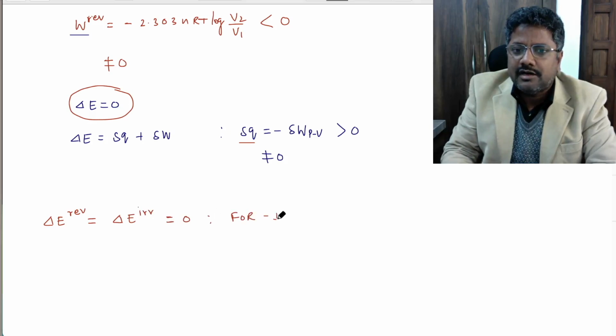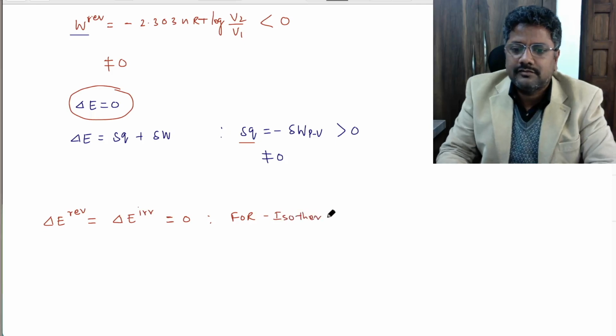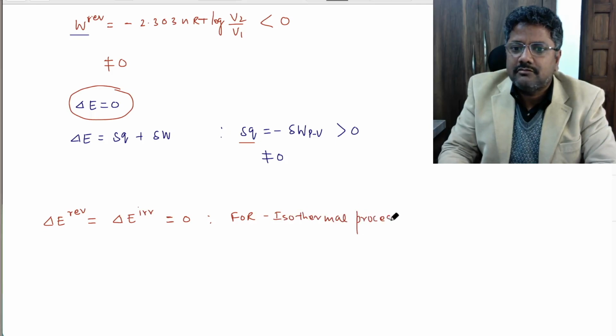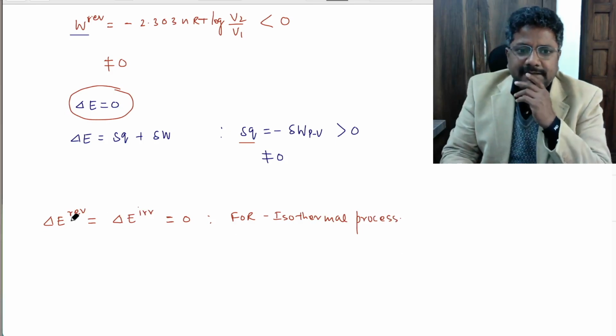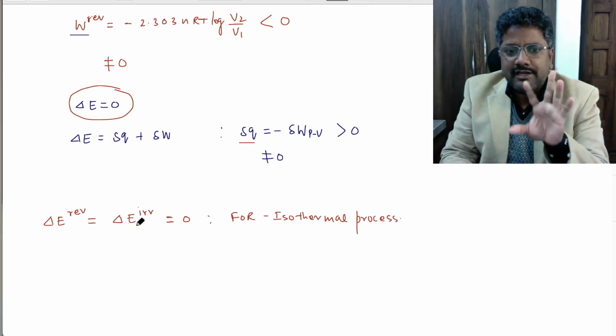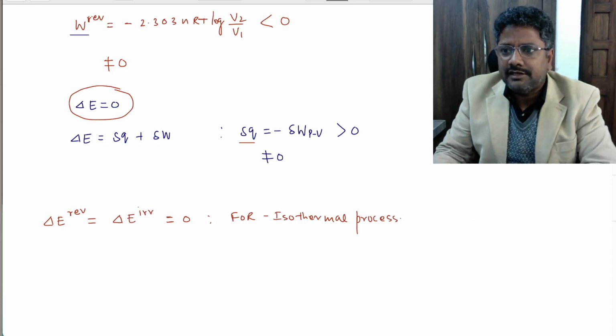So delta E reversible and delta E irreversible are equal.